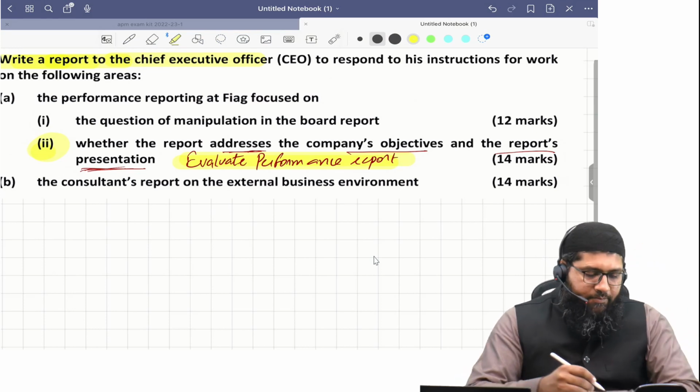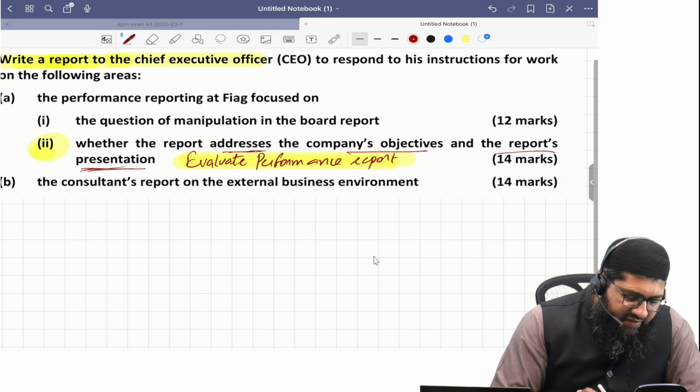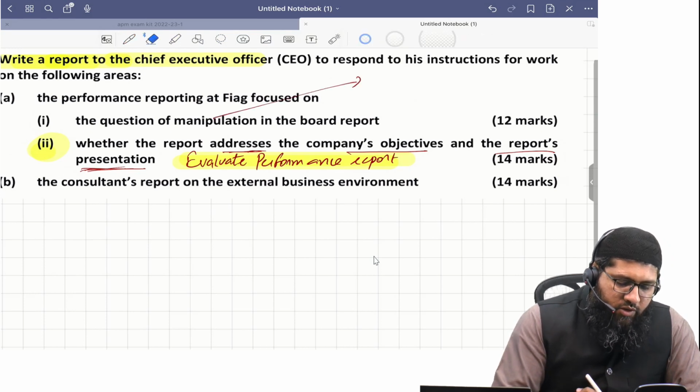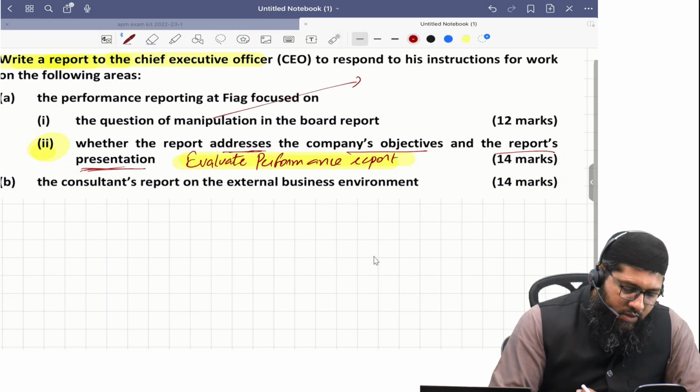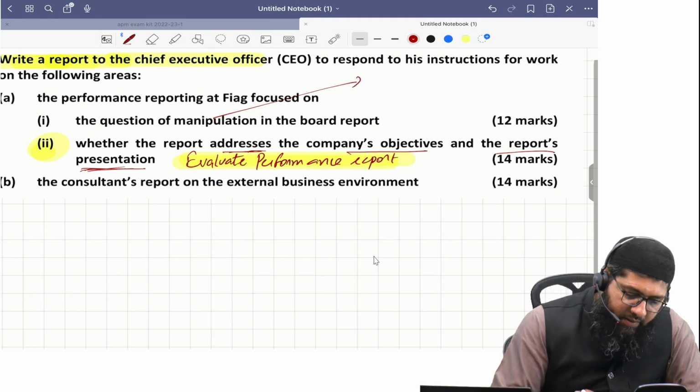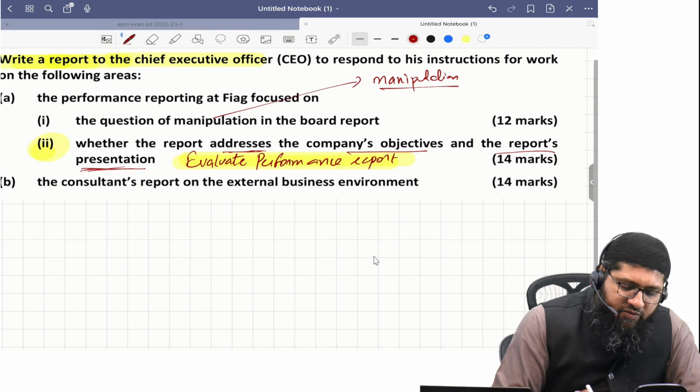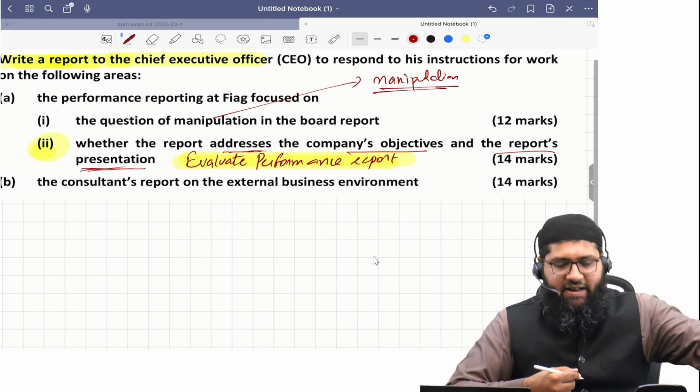Whereas part 1 is actually a scenario where there seems to be manipulation, meaning the results have not been correctly presented.